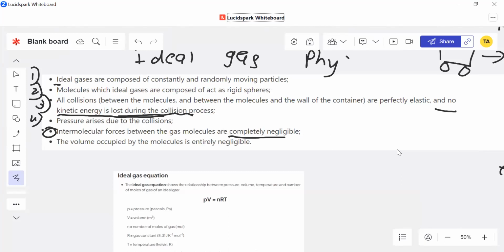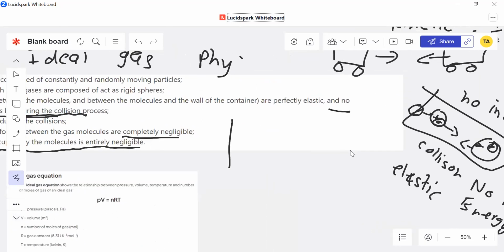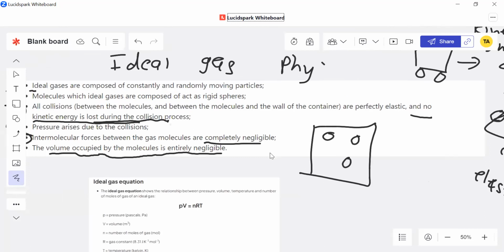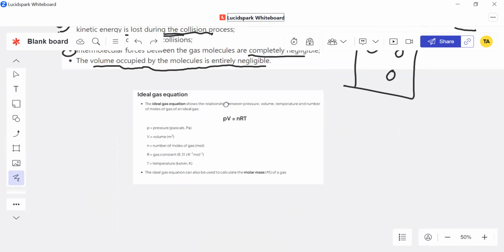And finally, the volume occupied by the molecules is entirely negligible. What do I mean by this? Let's say I have a container and I have ideal gas molecules in that container. And what this assumption states is that the volume of these molecules is so small that it's completely negligible compared to the volume of the container, right?